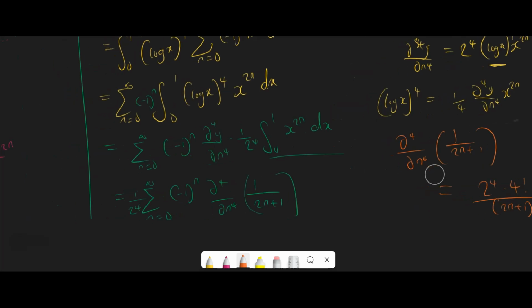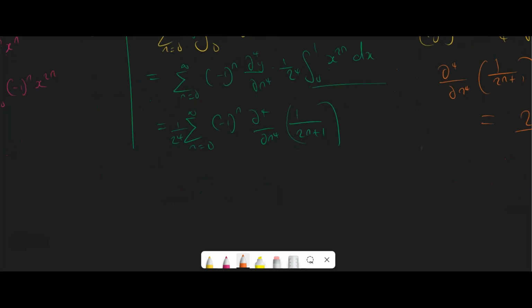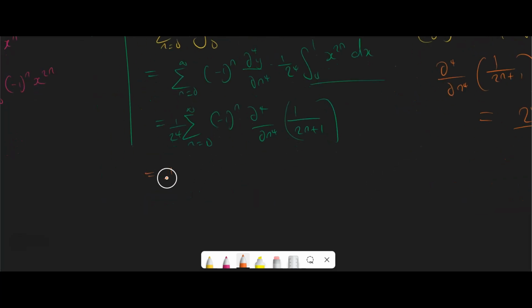So we can put this back into our problem. This will be 1 over 2 to the 4th times the sum as n runs from 0 to infinity of negative 1 to the n, then 2 to the 4th times 4 factorial, all divided by 2n plus 1 to the 5th power.